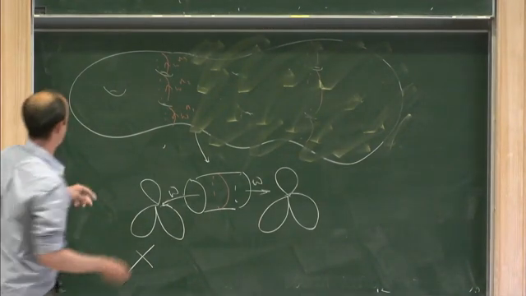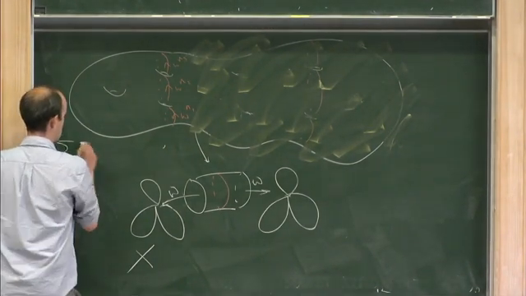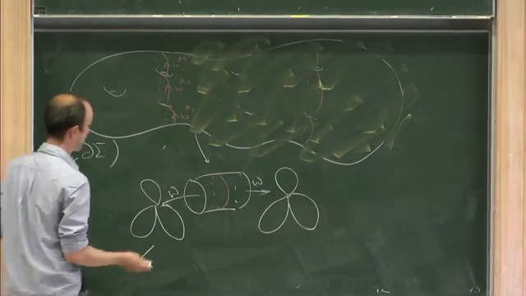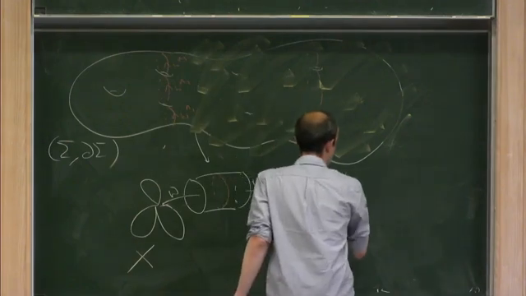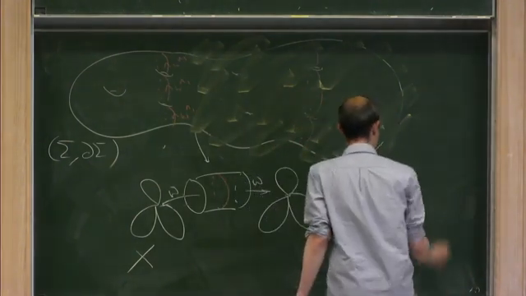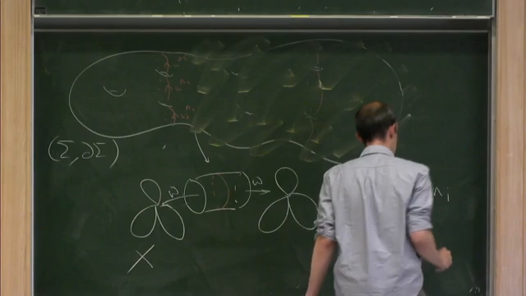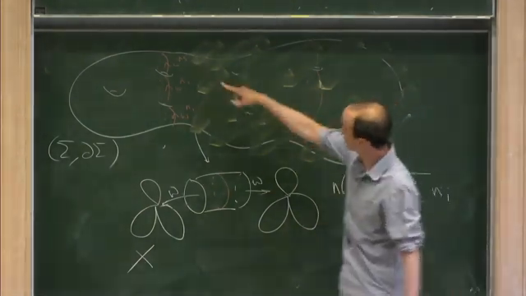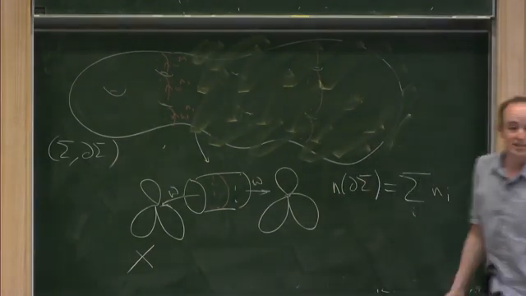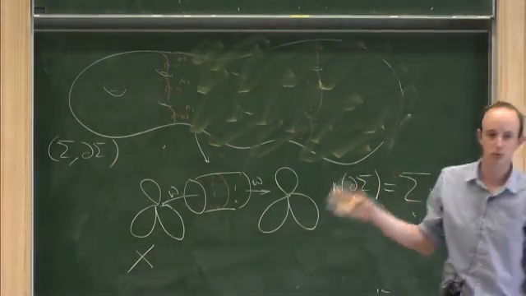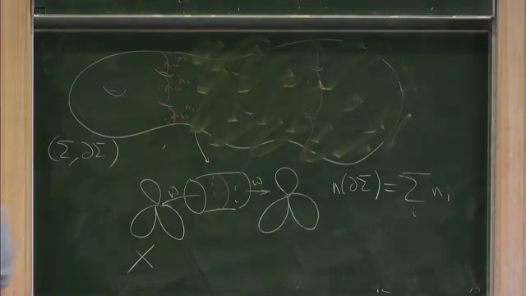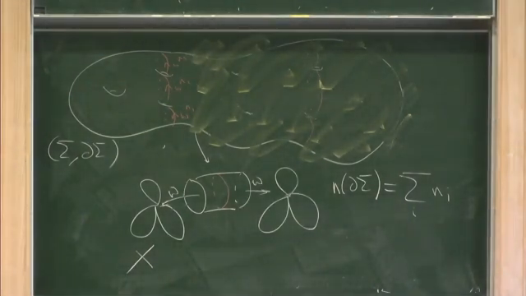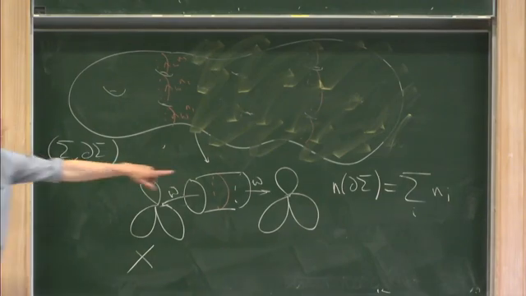So if this surface is sigma, then I'm going to say that n of boundary sigma is the sum of the n_i's, the sum of the total degrees. And I'm doing that in an unoriented way. That's an important technical point which will only matter to the experts. Now admissible is a condition on these total degrees.